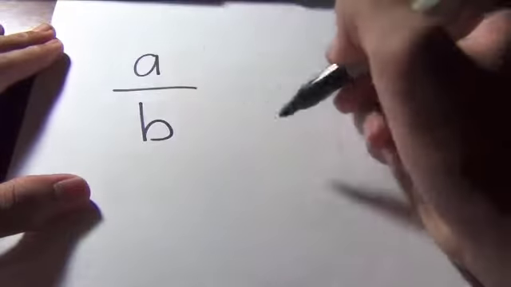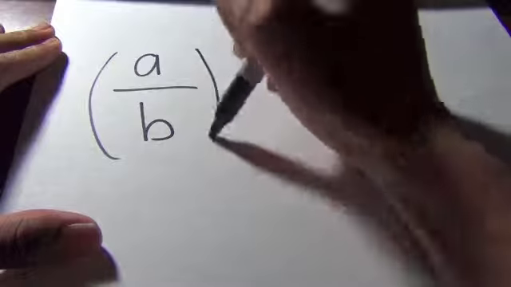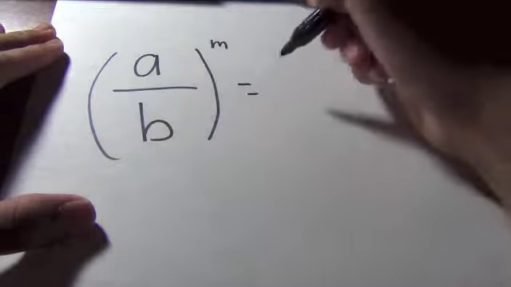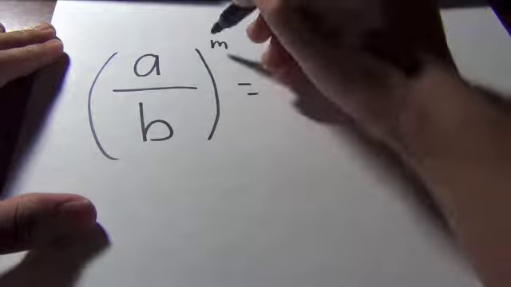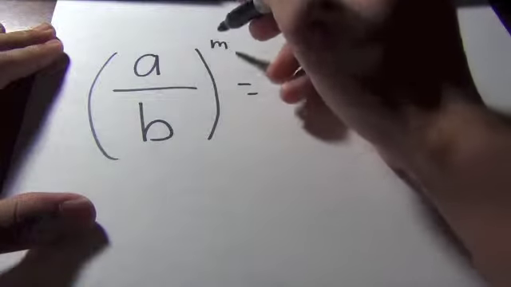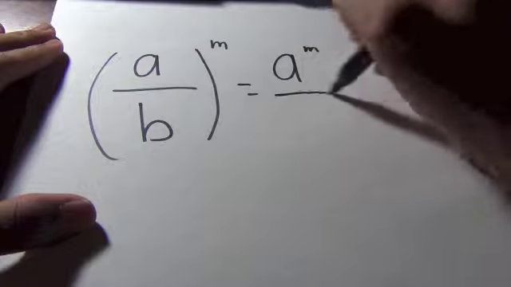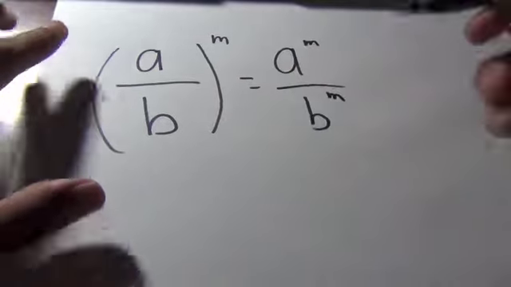The fifth property states that if I have a number a divided by another number b, so two different numbers, and I raise this to the m power, the exponent m applies to both of these. So this would be a to the m over b to the m.